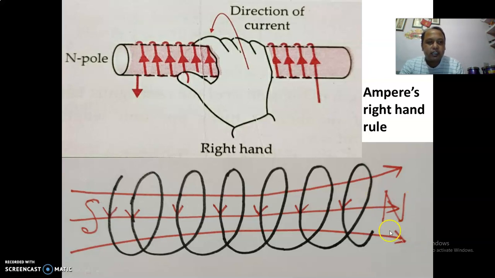So you see here the north is here, which is given by Ampere's right hand rule. So this is a simple method to identify which end of the solenoid will be the north pole and which one will be the south pole.